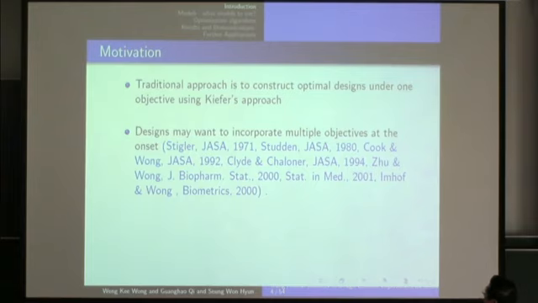I will show you it's actually relatively easy to incorporate multiple objectives in the design. For two objectives, it's relatively easy, but there is not a lot of discussion when you want to incorporate 3 or more objectives. In theory, it can be done, but in practice, there are lots of issues in how to identify the right optimal design that you're looking for.